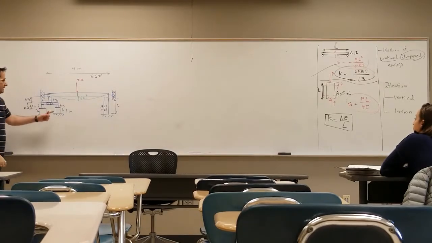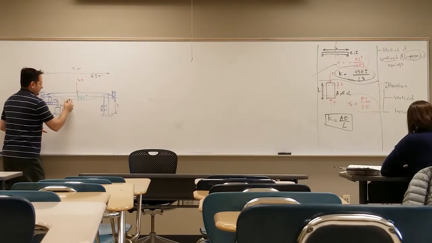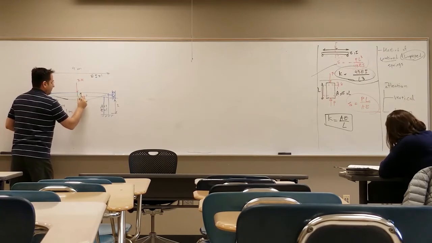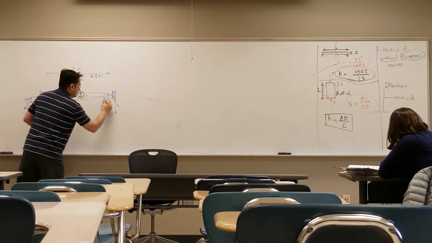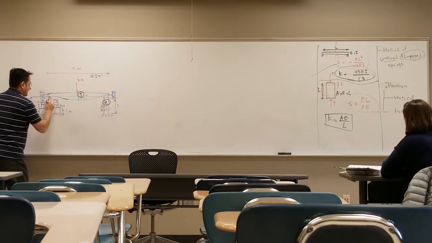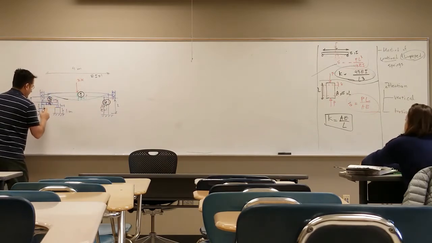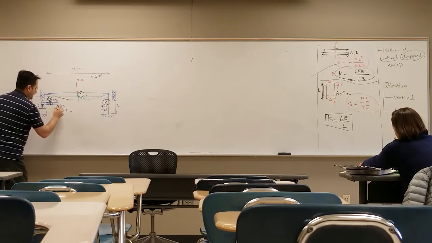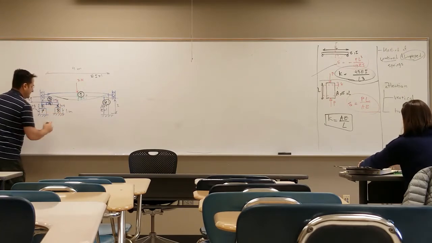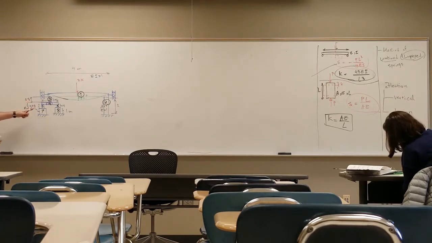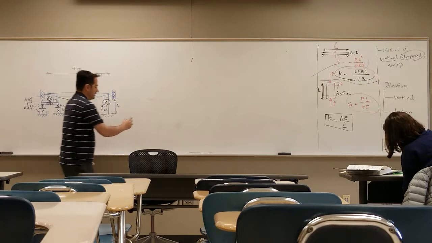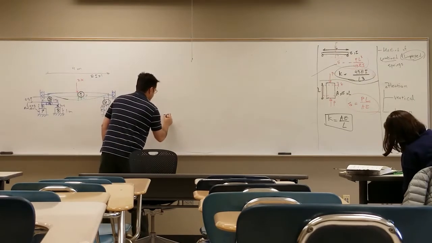Now I'm completely ready to replace that with the springs. So what should I do? What should I replace this guy? Let's label that. Let's say this is member number 1, member number 2, member number 3, member number 4, 5, 6, 7, 8. Right? Now convert these guys to the springs. For 7, I put the spring like that.